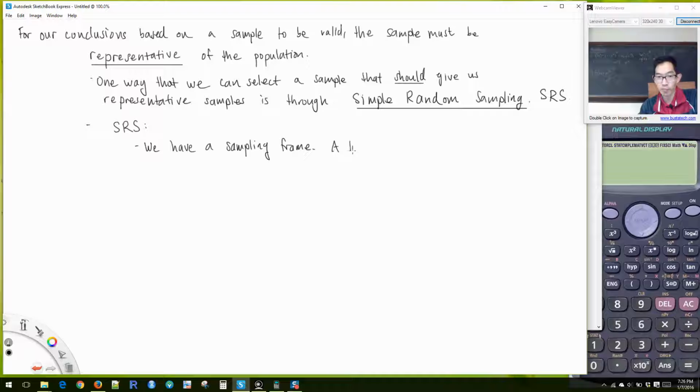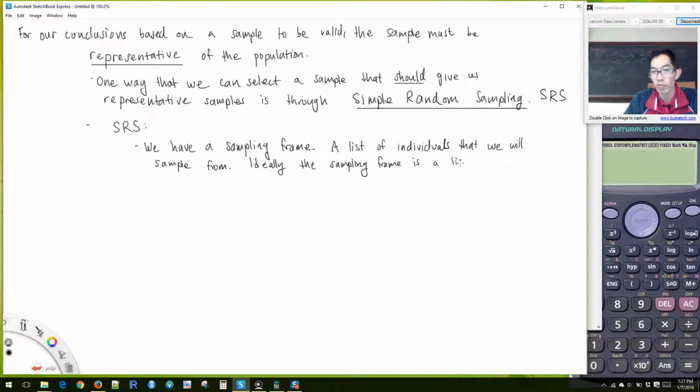In our ideal case, the sampling frame is a list of everyone in the population. But this is often not possible.